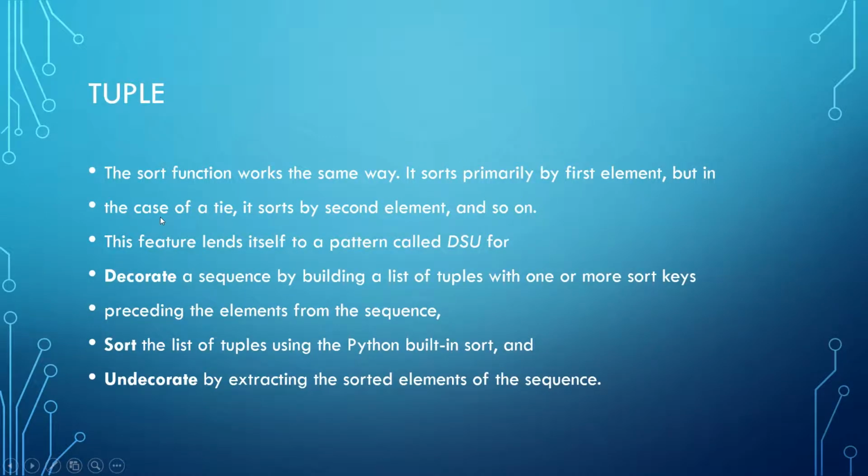The sort function works the same way. It sorts primarily by first element, but in the case of a tie, it sorts by second element and so on. This feature lends itself to a pattern called DSU, for decorate a sequence by building a list of tuples with one or more sort keys preceding the element from the sequence.